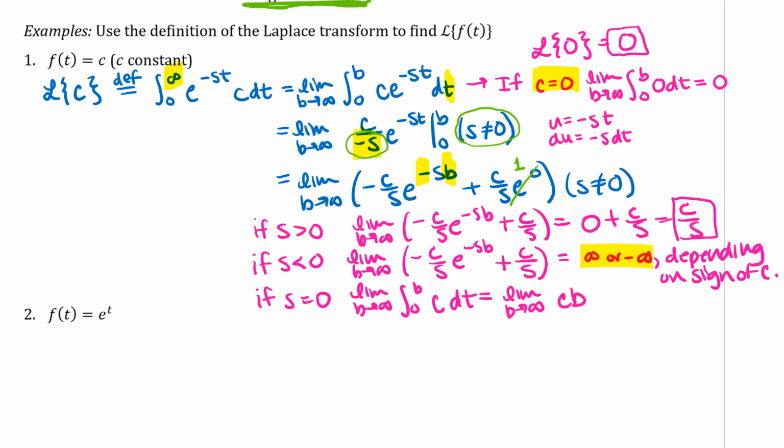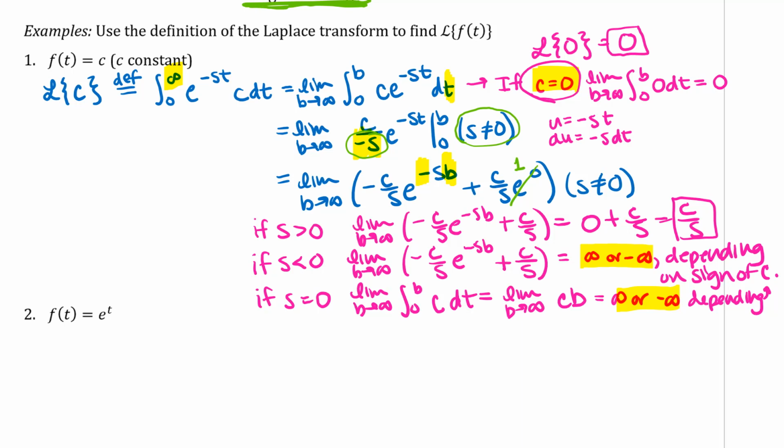And again, this limit is either going to be infinity or negative infinity, depending on the sign of c. And again, remember, we already considered the situation if c is equal to 0 up above. So depending on whether c is bigger than 0 or smaller than 0, in this step, though, that limit will be infinity or negative infinity, which means that integral also diverges.